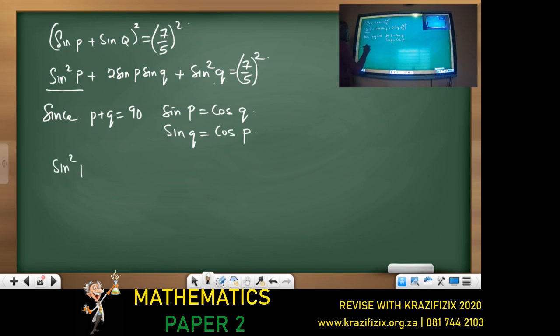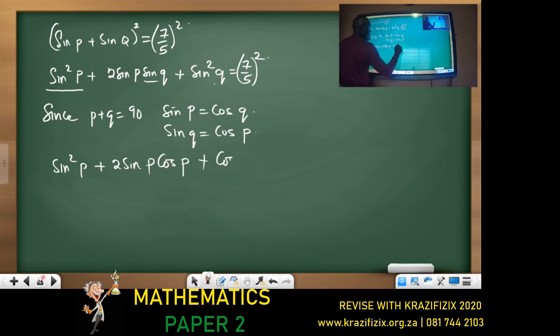So sine squared P plus 2 sine P, let me write my P as capital, because I've been writing as small letter. Sine P. Now, what is sine Q? Sine Q is cos P. Plus, what is sine squared Q? By the way, sine Q is cos P.